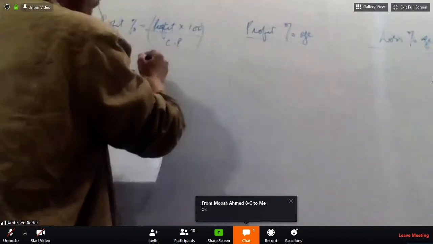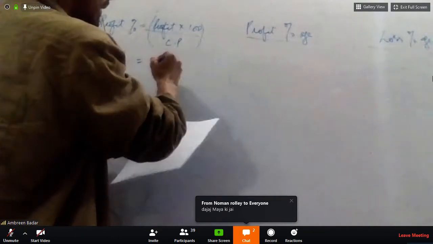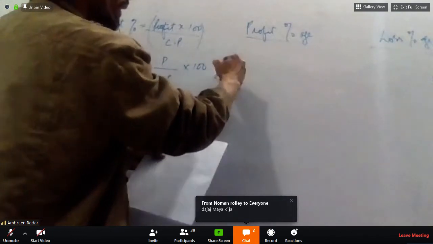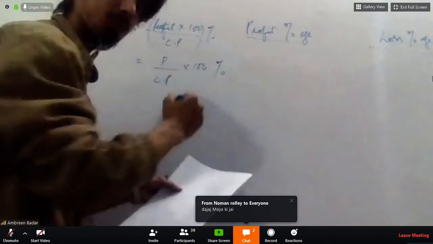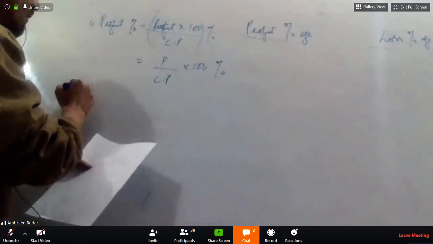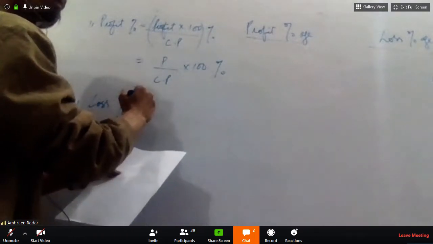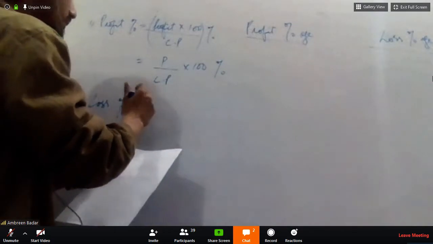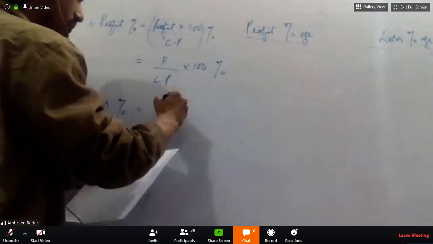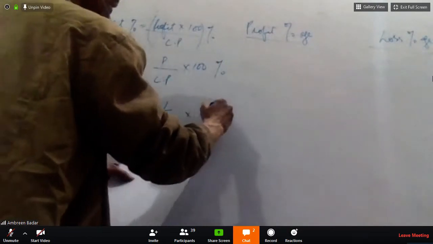For profit you can use the notation P, and for the cost price CP, into 100, and put a percentage sign. This must be easy. Similarly, we will use the formula for the loss percentage, which equals loss upon cost price into 100%.